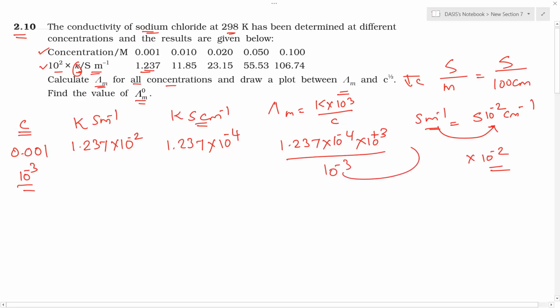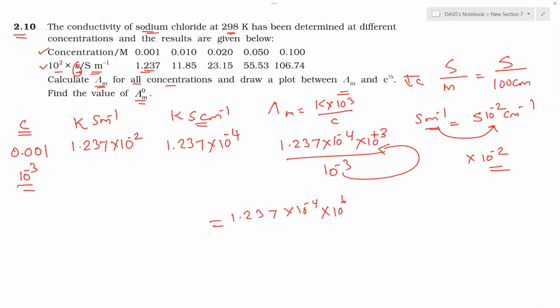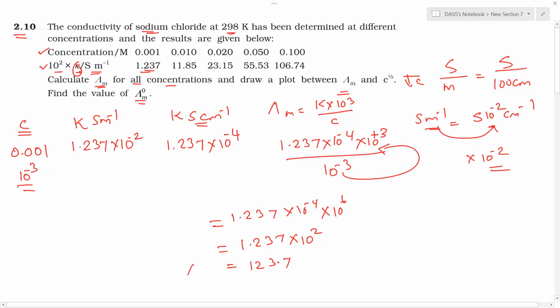If we bring the 10 to the power of minus 3 to the numerator, this value can be written as 1.237 into 10 to the power of minus 4 into 10 to the power of plus 6. Am I right? So this can finally be written as 1.237 into 10 to the power of 2. Finally, we can write it as 123.7. This is the molar conductivity value for 10 to the power of minus 3 concentration.